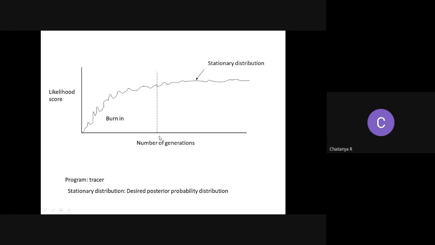You can say, okay, I want to discard the first 20% of my trees because they were all noise and not in stationary distribution. And I'll only take the last 80%, or the last 75% of the sampling, and build a consensus tree out of that. Right? So this is what this chart is trying to show. I'll move on.